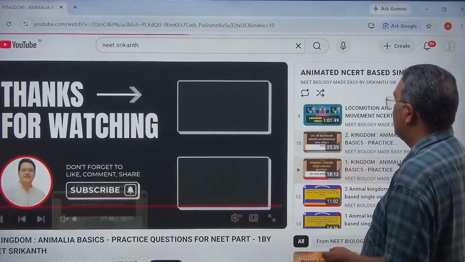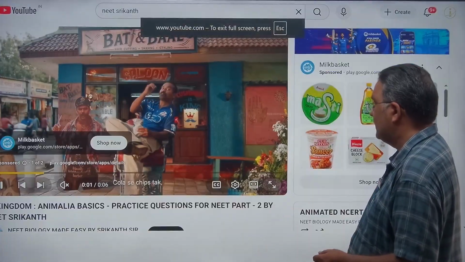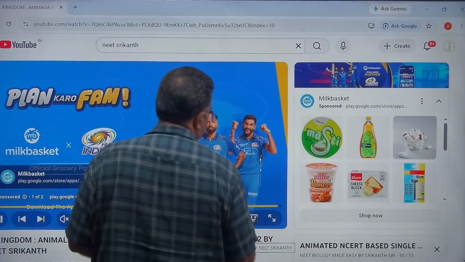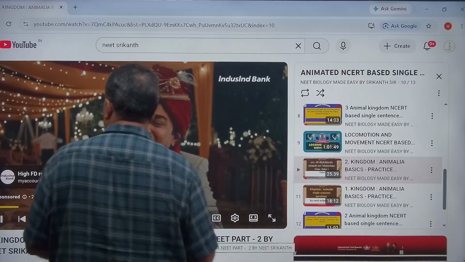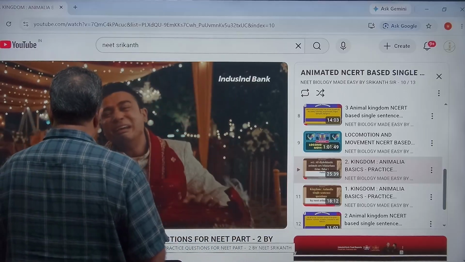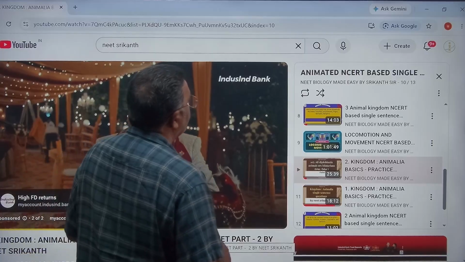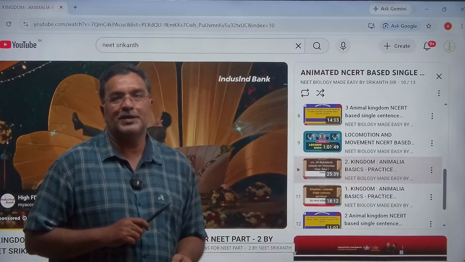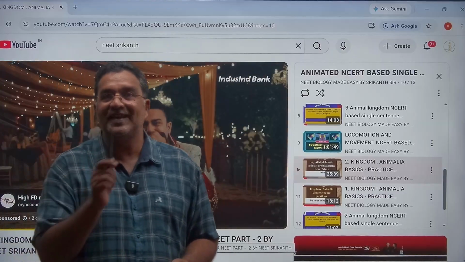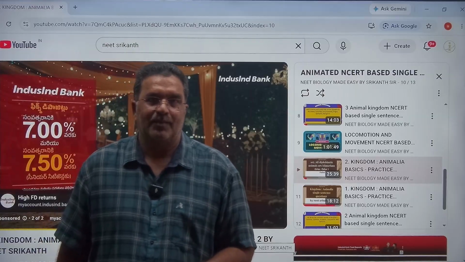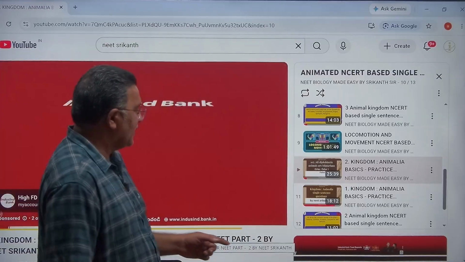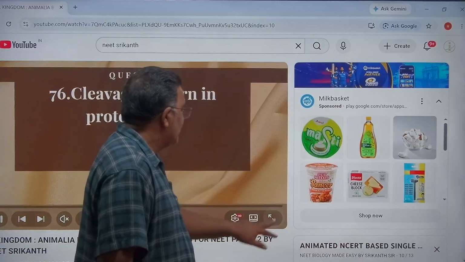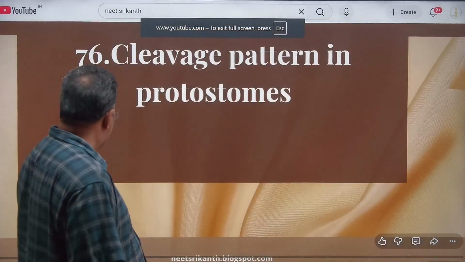We said in this session we'll do till 100. Every chapter of the NCERT textbook is available in the form of single line questions like this. If you practice like this for every chapter, 360 is definitely going to be guaranteed in this particular area.